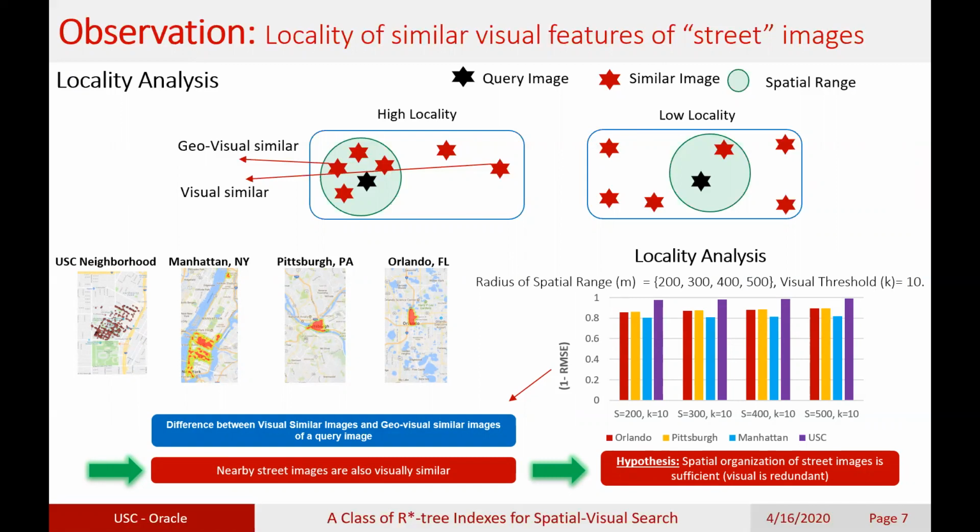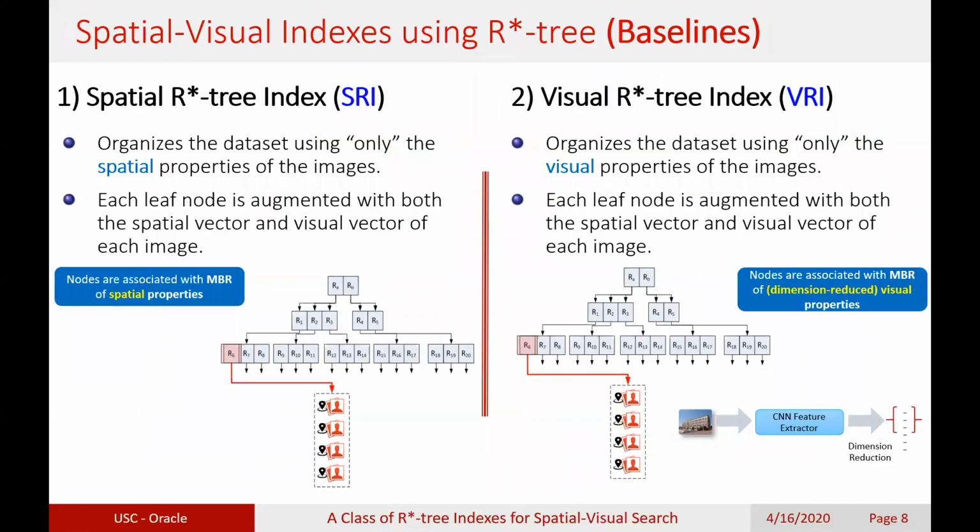Based on this observation, we thought that using a spatial index is potentially sufficient for organizing geotagged street images. Thus, we can just forget about visual indexes and focus on spatial indexes. Based on the previous observation, we started building a class of R-star tree for spatial visual search. As baseline, we use the conventional R-star tree for organizing images using only their spatial properties.